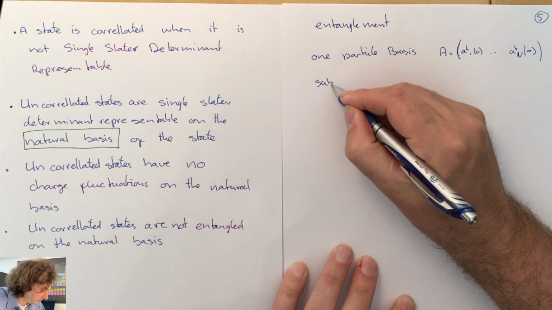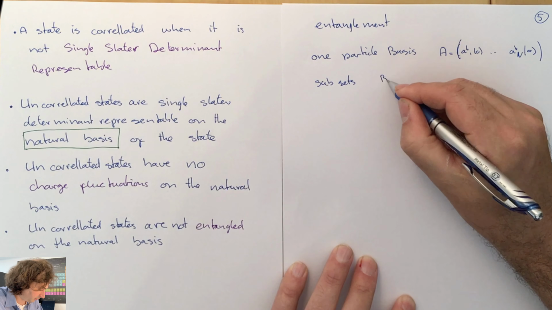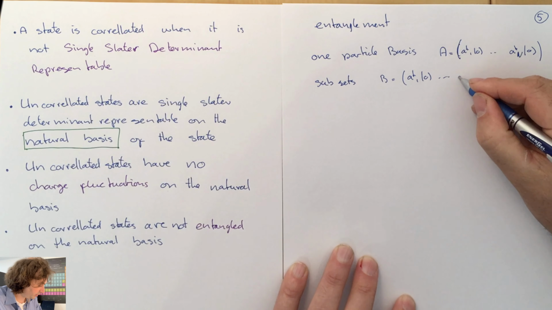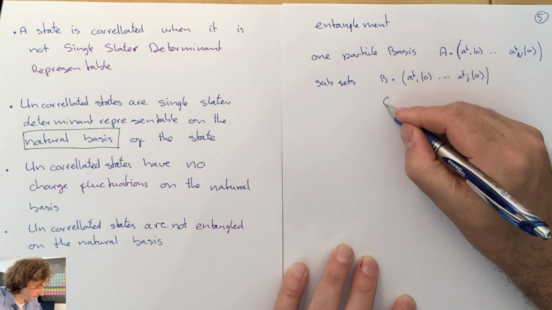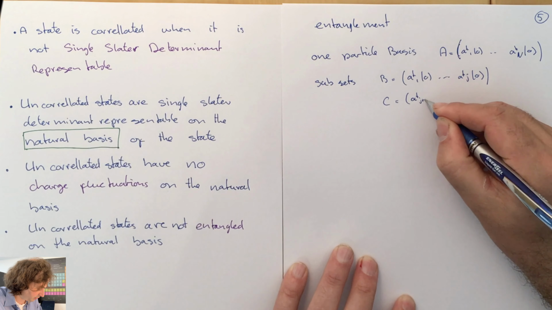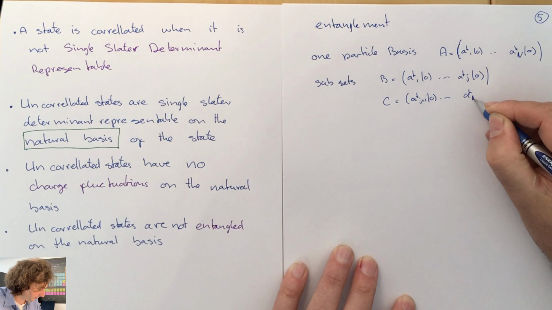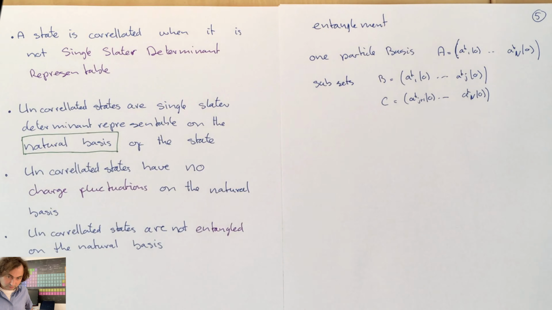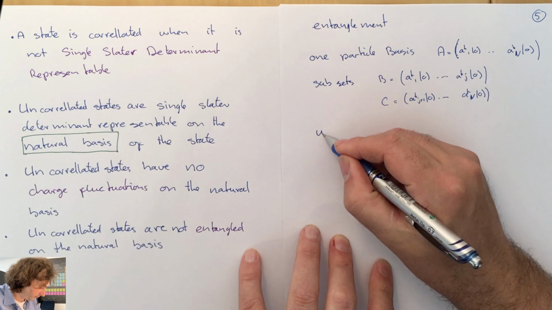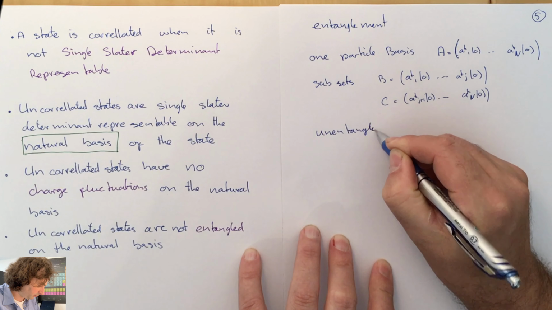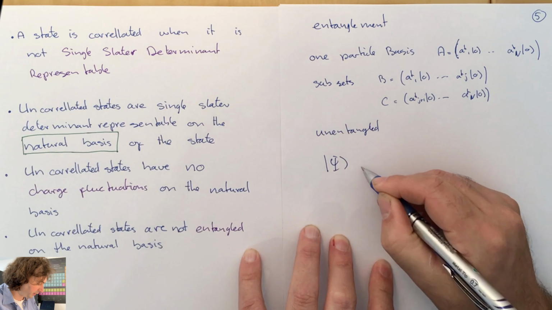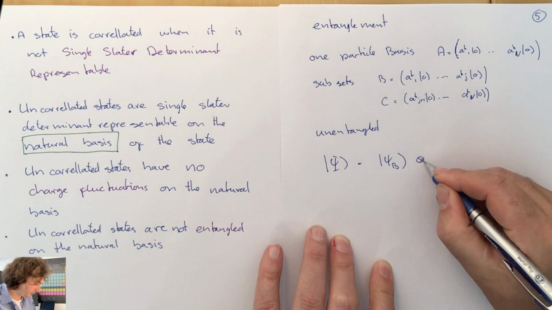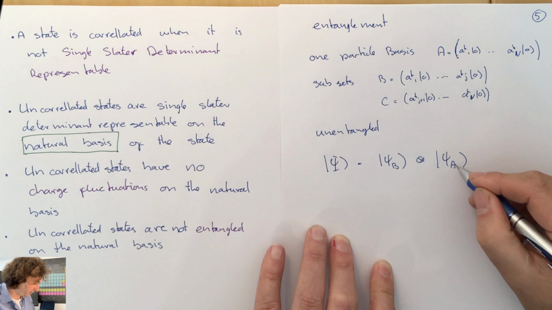Now we define two subsets: B, where we create the states 1 up to j, and the subset C, where we take the particles j plus 1 up to n, such that the union of B and C gives you the set A. Now our state is unentangled if we can describe the many particle state as a product of the state in Hilbert space B times the state in Hilbert space C.